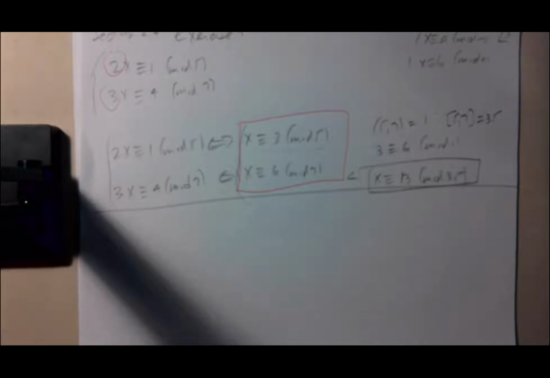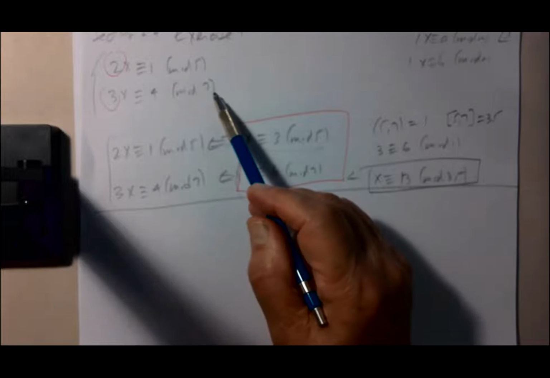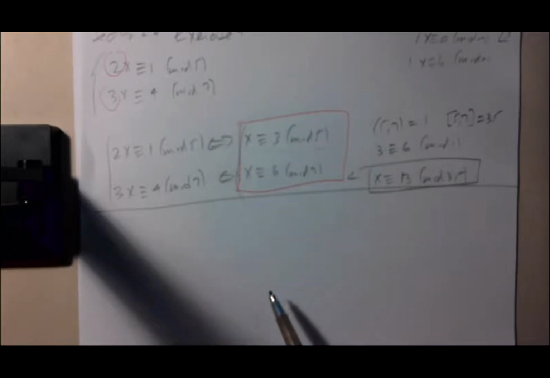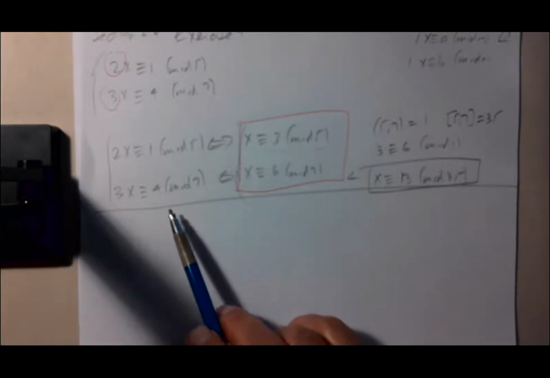I have a question. When I think it was Ebony asked if we can multiply the second congruence by 5. What is the second congruence? You mean this one? 3x congruent to 4 mod 7. Yes, that one.